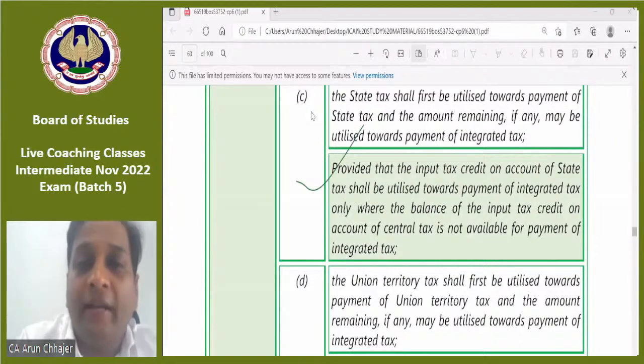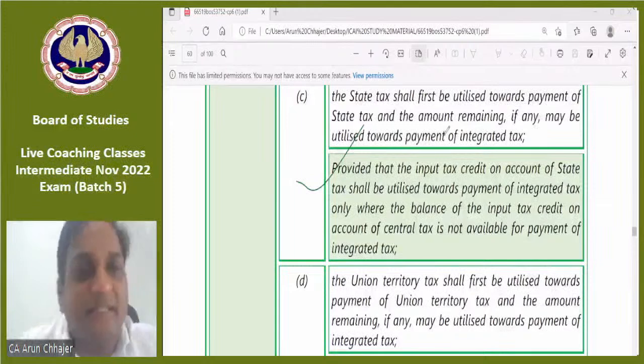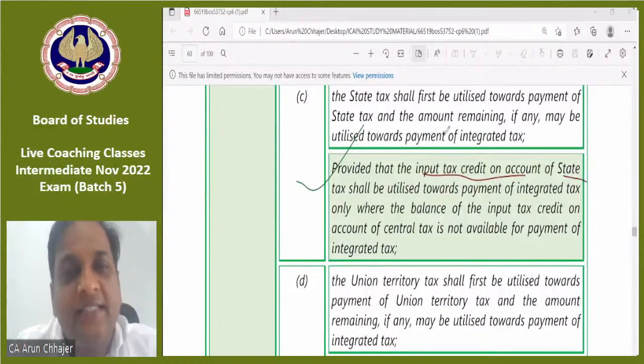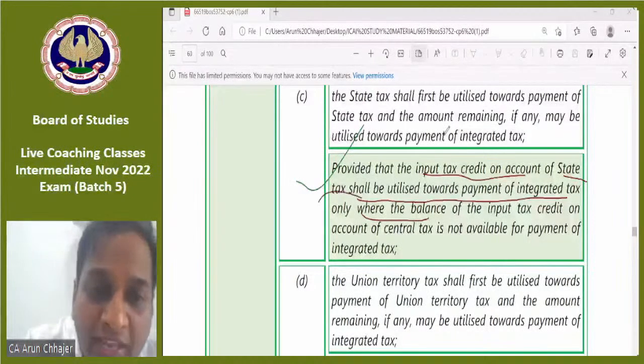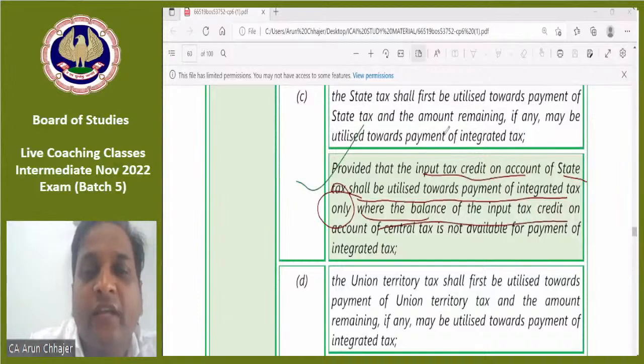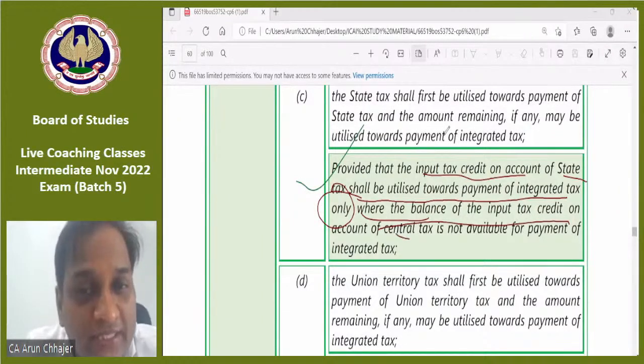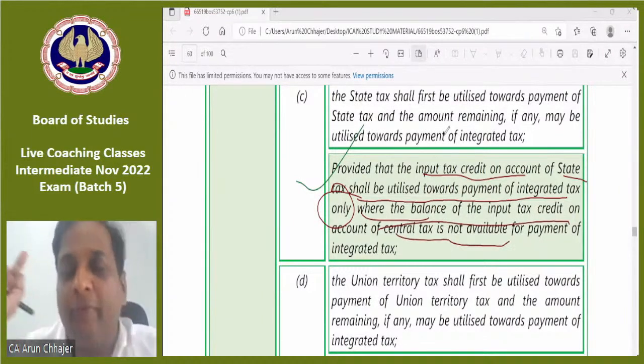The answer is: provided that input tax credit on account of SGST shall be utilized toward the payment of IGST only when the balance of the ITC on account of the CGST is not available for payment of IGST.